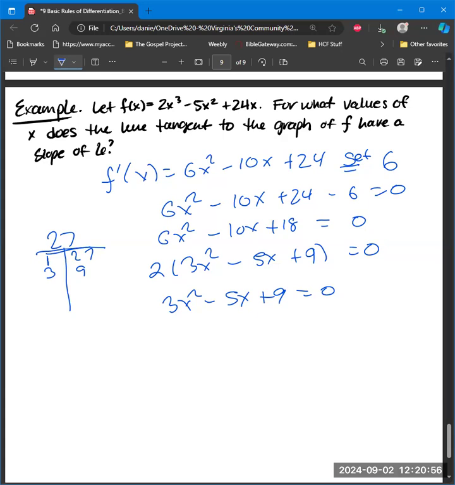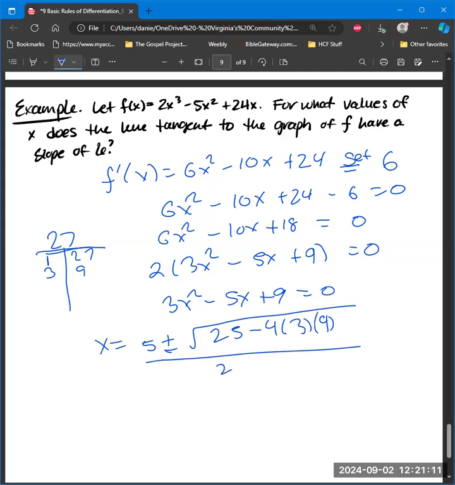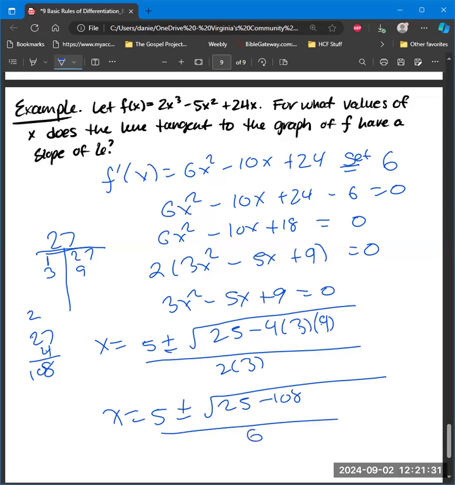So we're stuck using the quadratic formula, that x is equal to -b plus or minus the square root of b squared minus 4ac, all over 2a. x is 5 plus or minus root 25 minus 27 times 4, which is 10 minus 108, over 6.